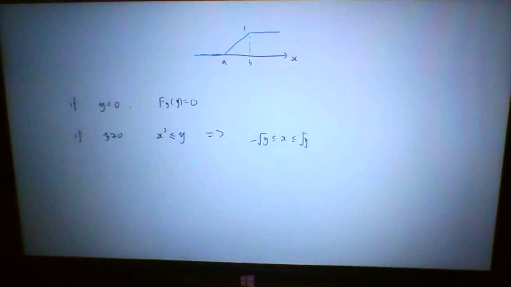And if Y is not less than 0, so X squared is not larger than Y, which gives the result that X is between minus square root Y and square root Y, right?